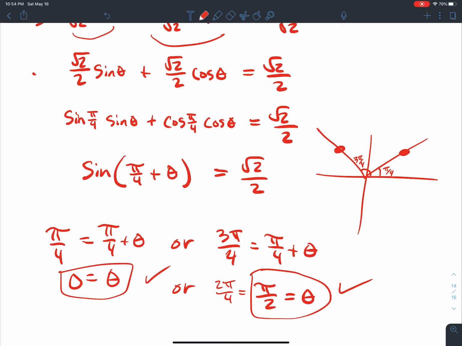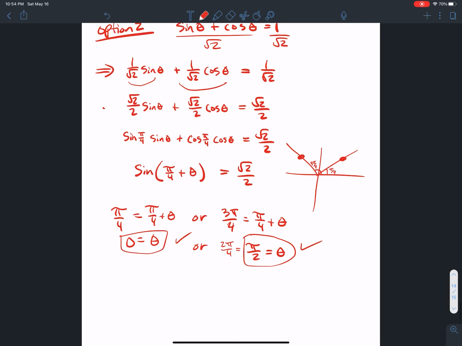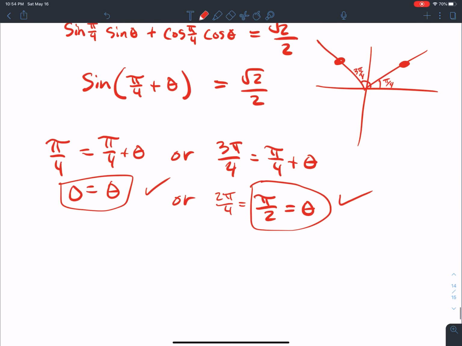Now, if that's great for you, good for you, you got it going on. There is a formula.